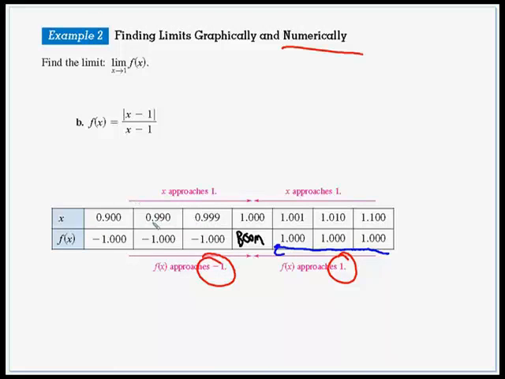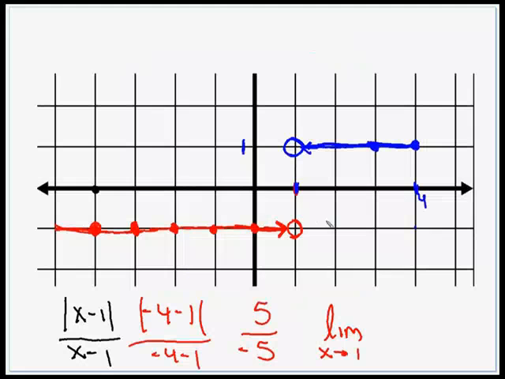So just like our table, on the left, as we approach from numbers underneath, we are approaching a hole at negative 1. As we are approaching from above the value of 1, we are approaching a hole at positive 1. And this is the graph of that situation. Again, when we plug in 1, we get a 0 divided by 0 scenario, indeterminate form. So the function is not defined at that x value. We have holes in the graph.